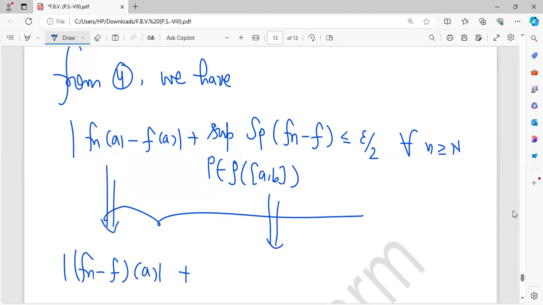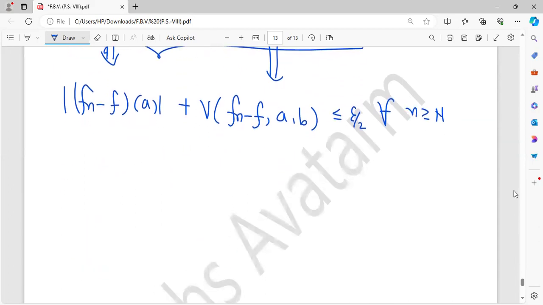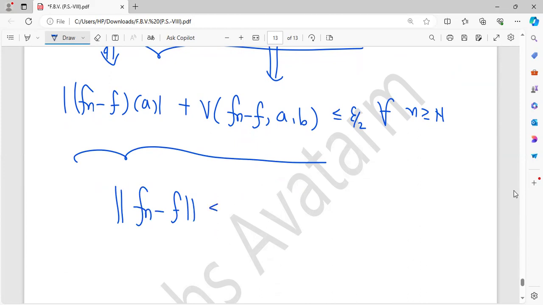This is the norm of Fn minus f, less than epsilon by 2, because the whole quantity is equal to this.